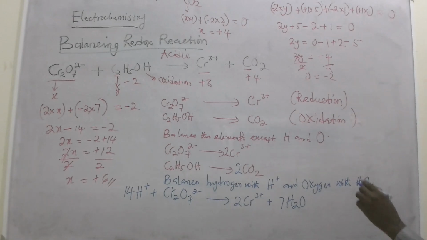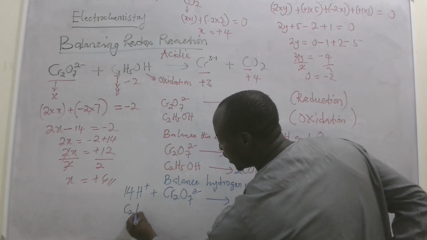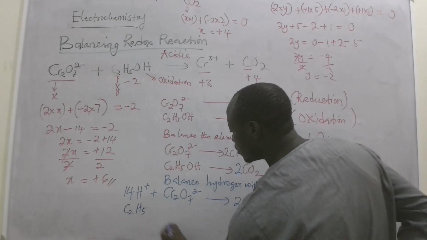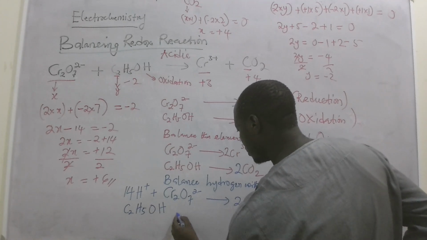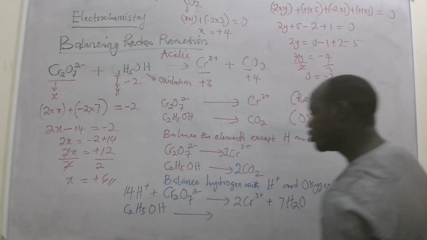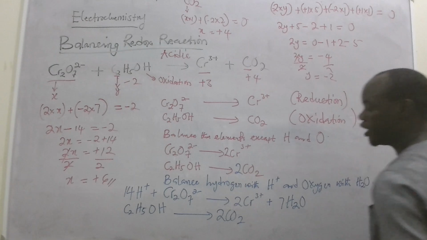Okay. So now let's take the other reaction, which is C2H5OH, then we have 2 molecules of carbon dioxide.